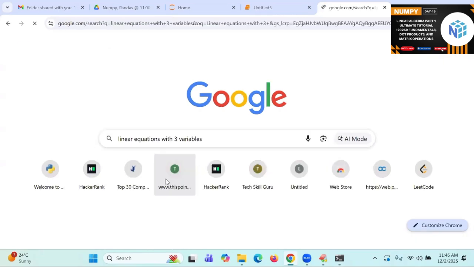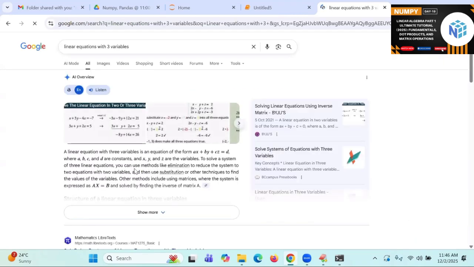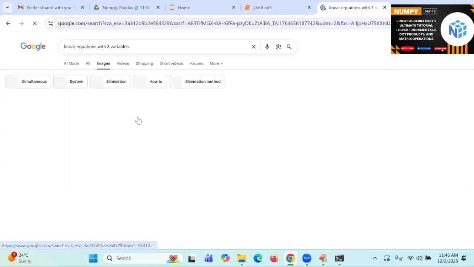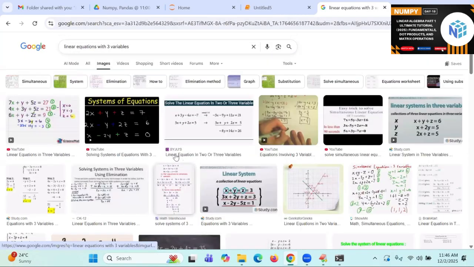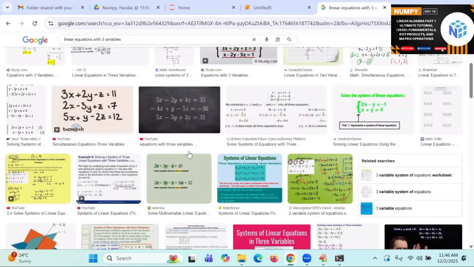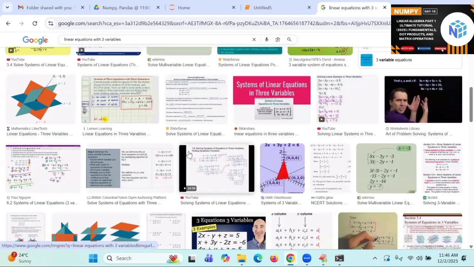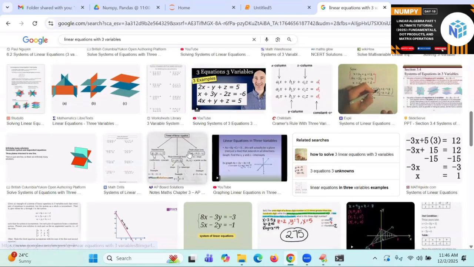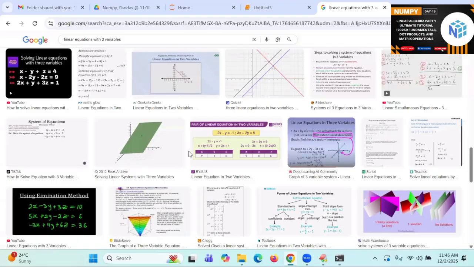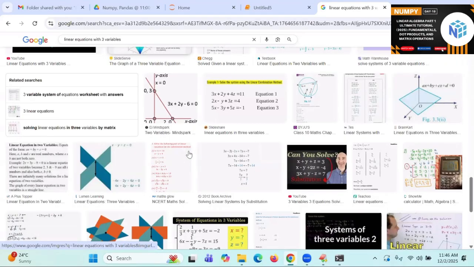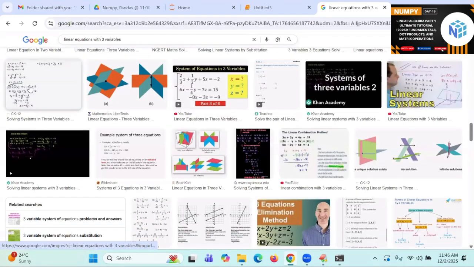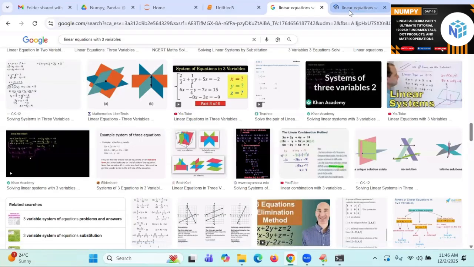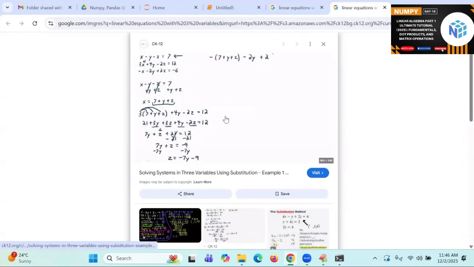Take some examples, any three variables, with the solutions which are there. Take that.